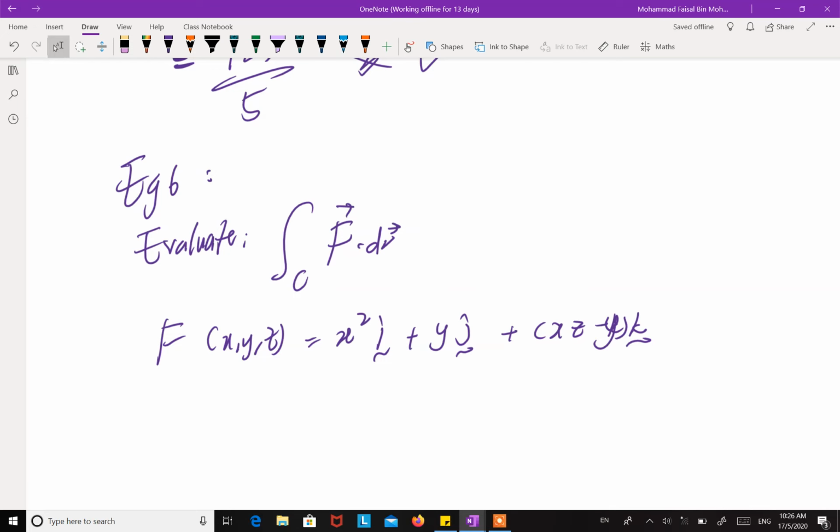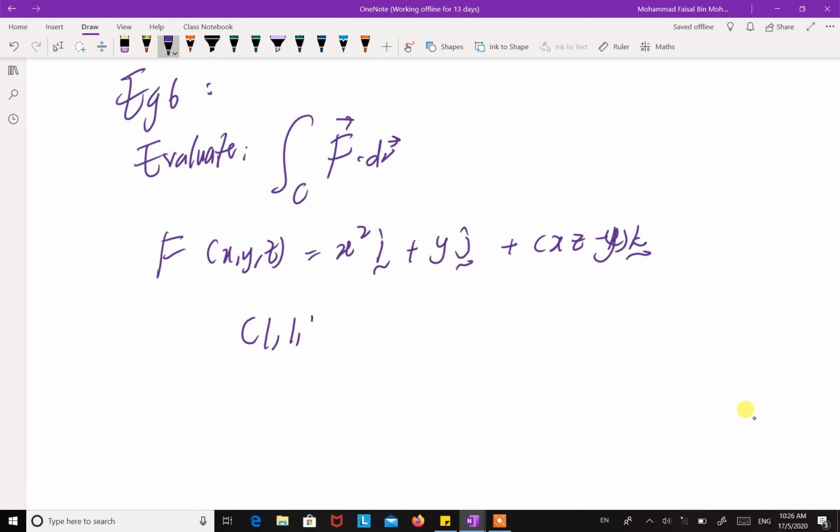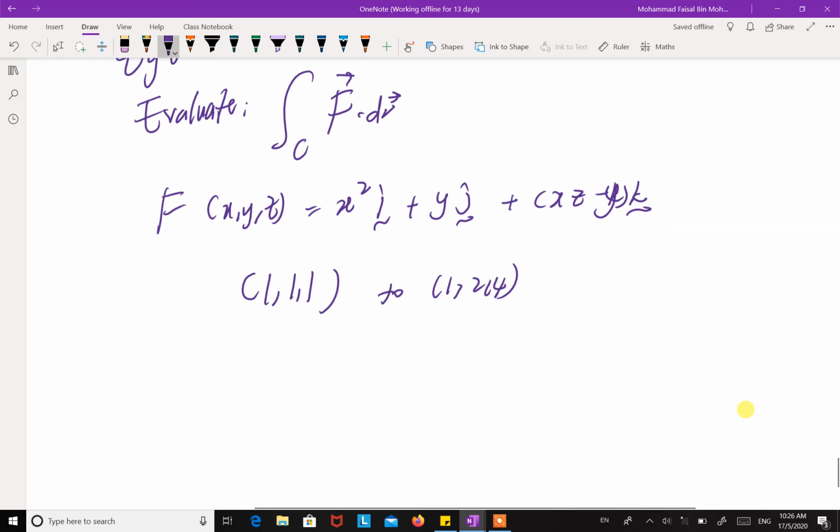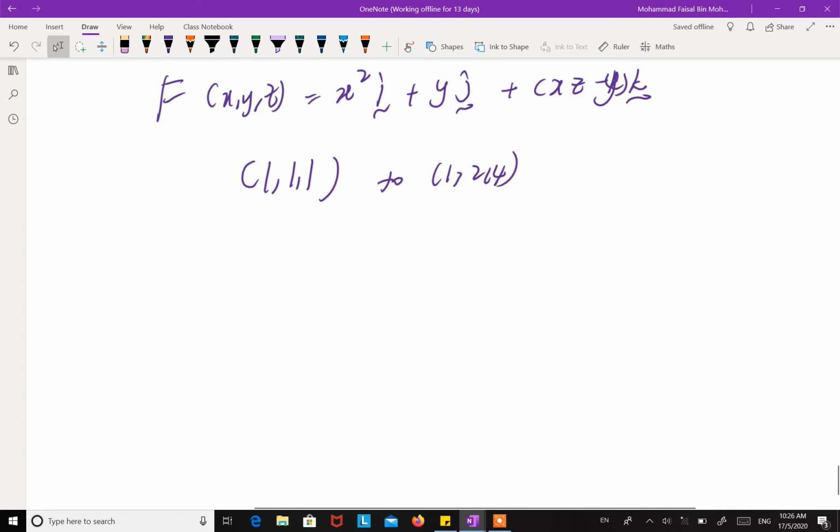C is the line segment from (1, 1, 1) to (2, 1, 2, 4). So again, this is a line segment. You should find a line in space. So the parallel vector v will be 2 minus 1, 2 minus 1, and 4 minus 1, which is nothing but 0, 1, 3.